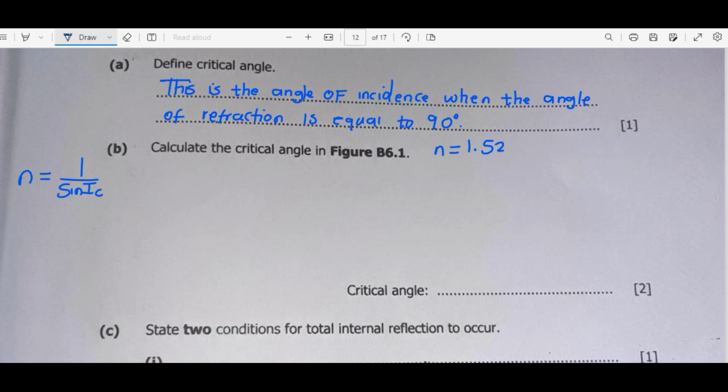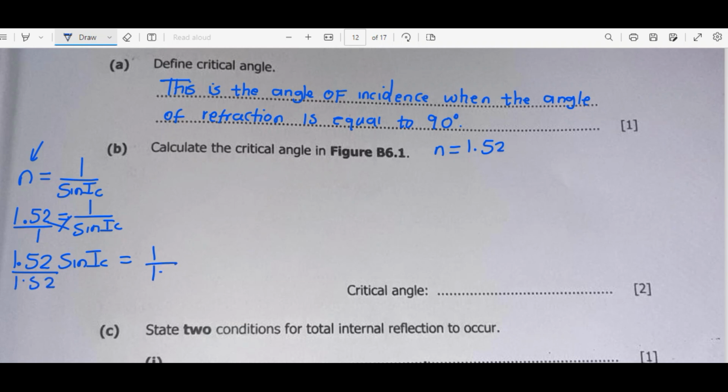So where there is n, we put the refractive index, which is 1.52, equals 1 over sine IC. So we cross multiply. We are going to get 1.52 sine IC is equal to 1.